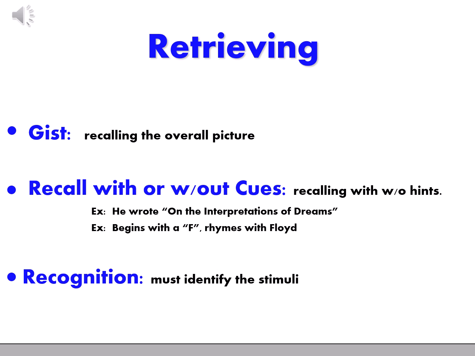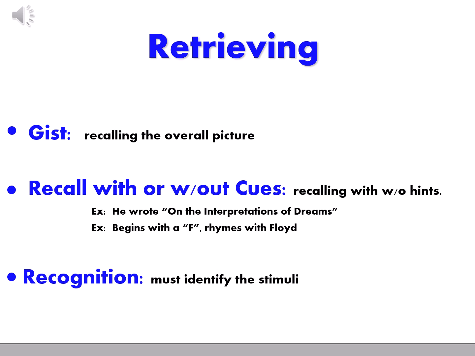For example, if asked to name a particular famous person, if you're just given a question with no hints, well, that's recall without cues. If you're given a hint, you are now doing recall with cues. Often when students get stumped, they might ask, what is the first letter of the name? Or the teacher might just provide them with a couple of the terms associated with that famous person. So recall with cues versus recall without cues.